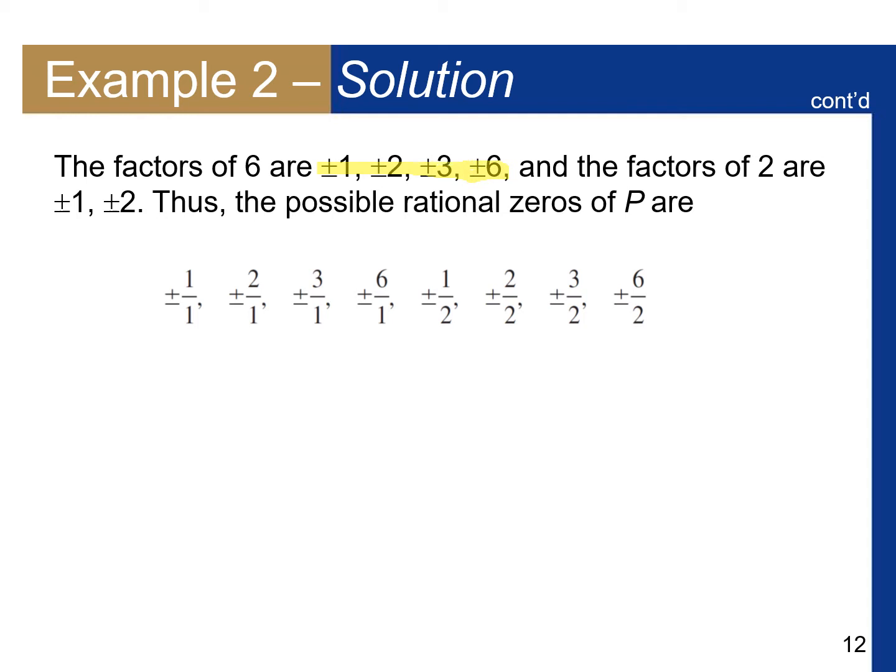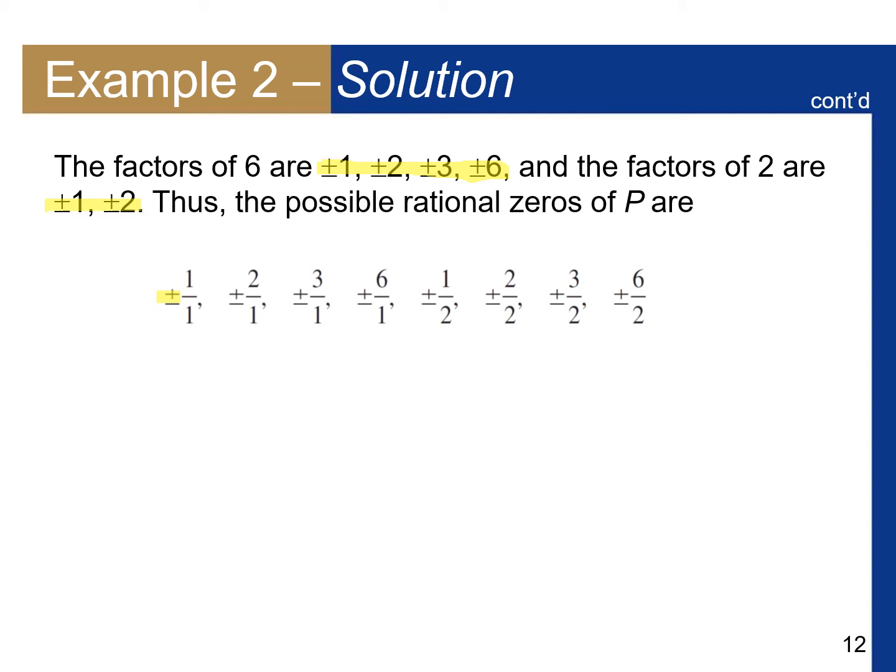And I put each one of those over all the factors of 2. Now, you'll see here that there's plus or minus in front of each one, so that means each one of these represents 2 different numbers. Some of these numbers may actually reduce to be the same number.